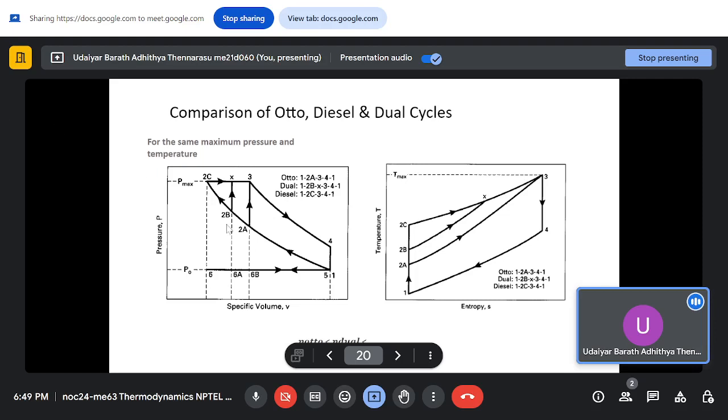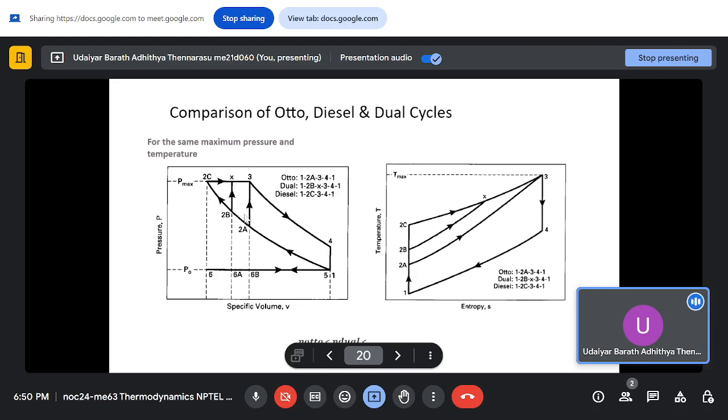Similarly, if your maximum pressure is fixed, and the temperature is fixed, this is how the cycle will look. 1, 2A, 3, 4 is your Otto, 1, 2B, x, 4 is your dual, and 1, 2C, 3, 4 is your diesel.